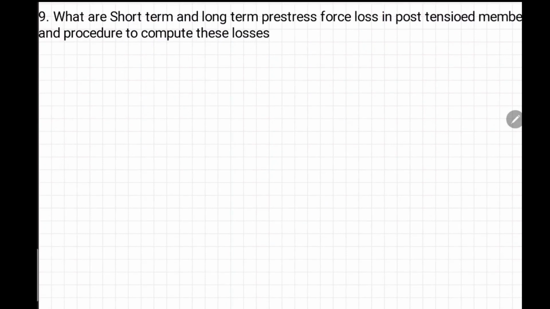What are the short-term and long-term pre-stress force losses in post-tension members, and the procedure to compute these losses? So in pre-stress we have two types of losses. The first, which we call immediate losses, is short term, and the second is long term.